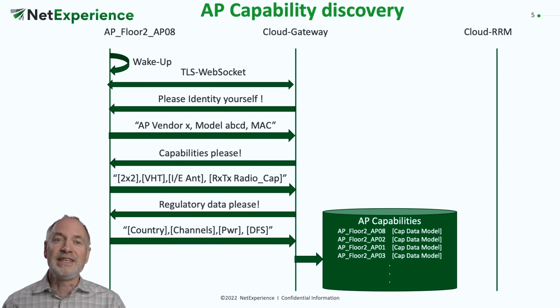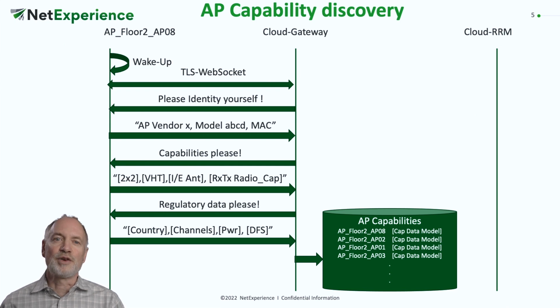Furthermore, the detailed radio capabilities will be exchanged: things like the number of spatial streams, whether the radio supports HT, VHT, or EHT in the future, whether it's using internal or external antennas, but also the detailed set of capabilities from a receiver and transmitter point of view for every radio band in the access point.